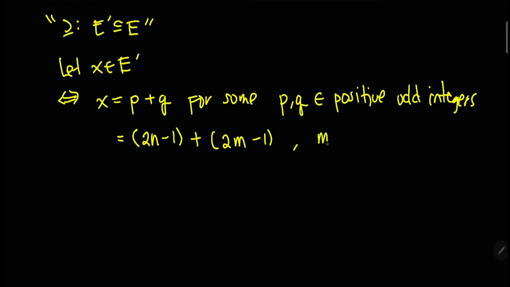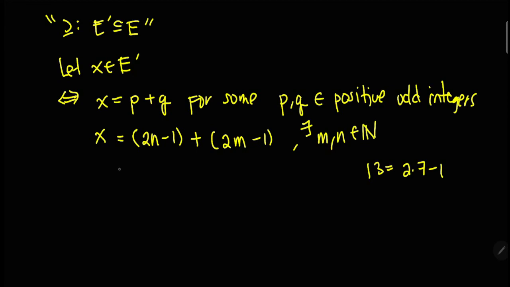So here m and n are natural numbers. Meaning we can find natural numbers m and n such that we can write p and q as 2n minus 1 and 2m minus 1. For example, if we have the odd number 13, 13 is 2 times 7 minus 1.